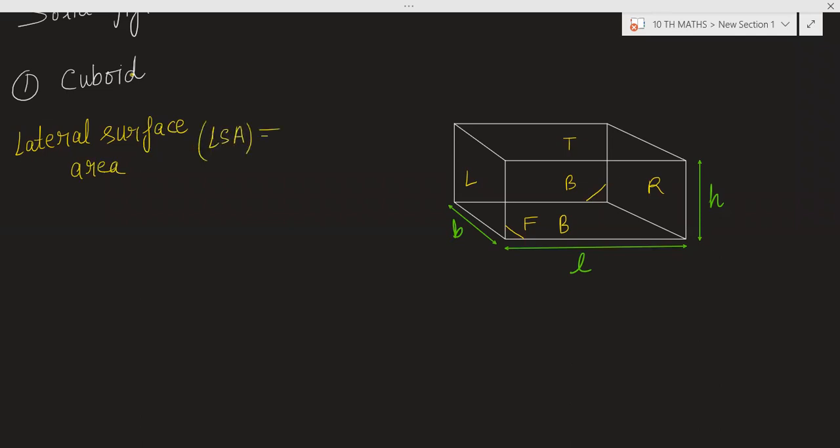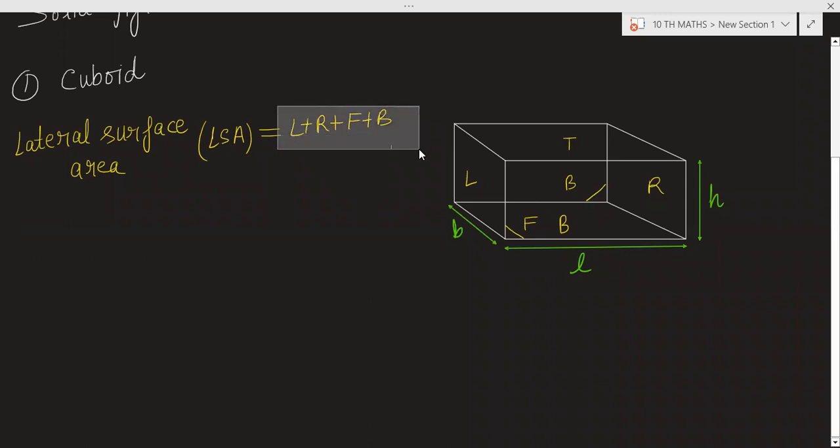In the lateral surface area, you have to find the area of the left face, right face, front face and back face. You will not include the area of the top face and the bottom face in the lateral surface area.